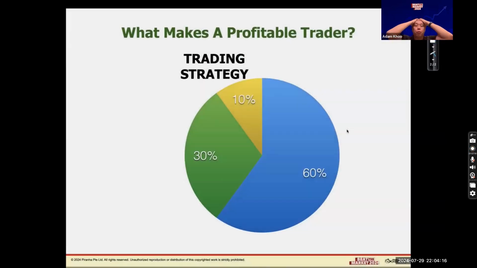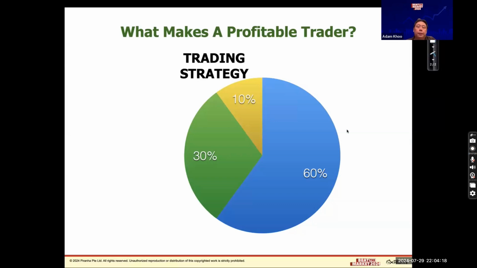So what makes a profitable trader? There are 3 things to be a profitable trader. The first thing is you need to have a trading strategy, or a set of trading strategies, that give you a statistical edge in the market, that give you a high probability. Let me ask you this. Do you think most retail traders have specific strategies where they write down specific entry rules and exit rules?